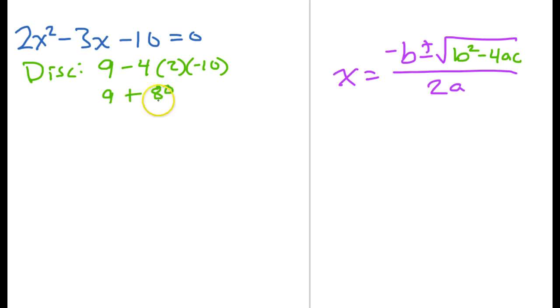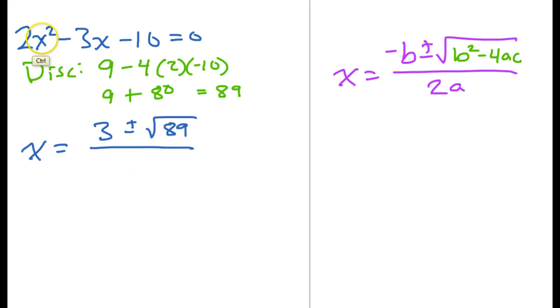So the discriminant is 89. Getting back to writing the actual solution, x is going to equal the opposite of b, so that'll be positive 3 plus or minus the square root of 89, there's my discriminant, all over 2a. So that's going to be 4.